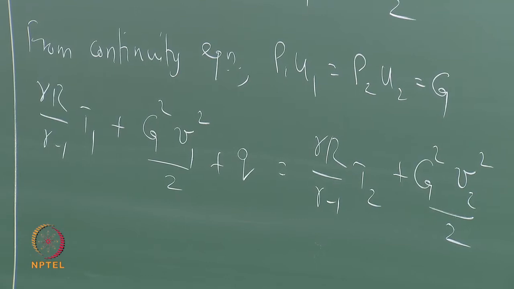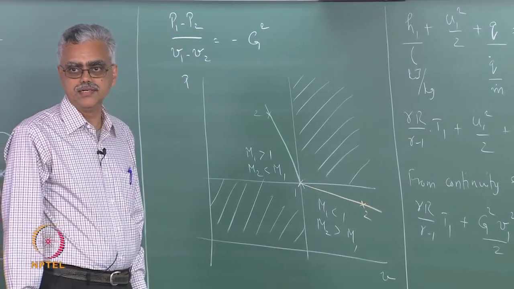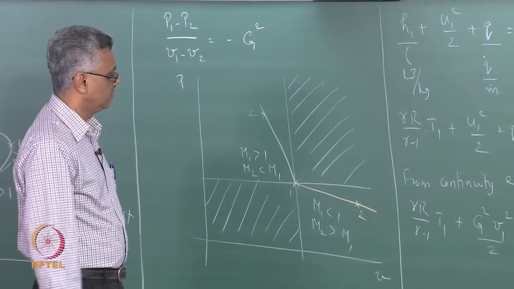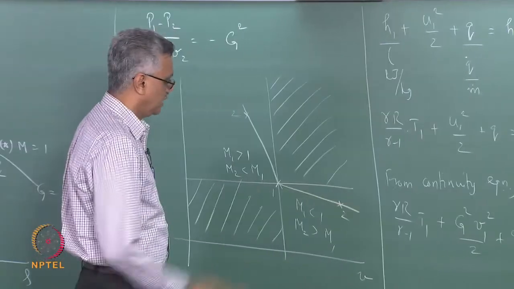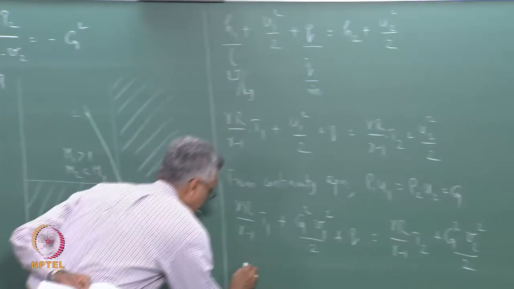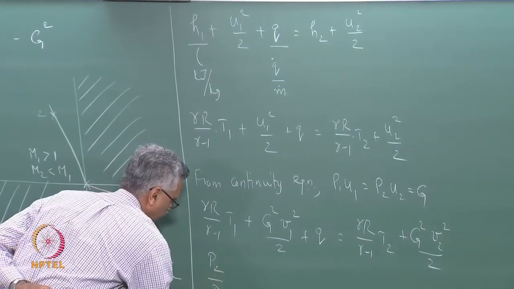And if I go through the same algebraic manipulation that I did earlier with Q being equal to 0, I can show that this equation can be written finally in almost the same form as earlier.